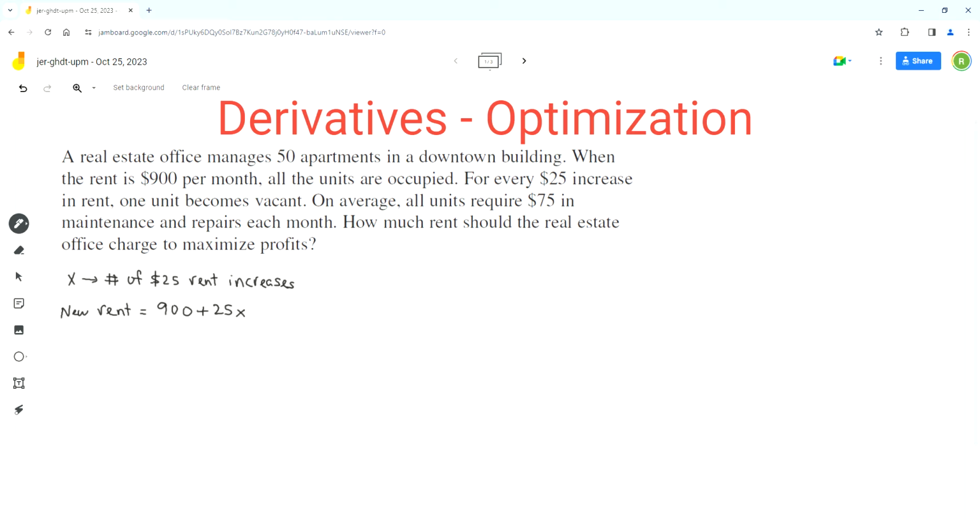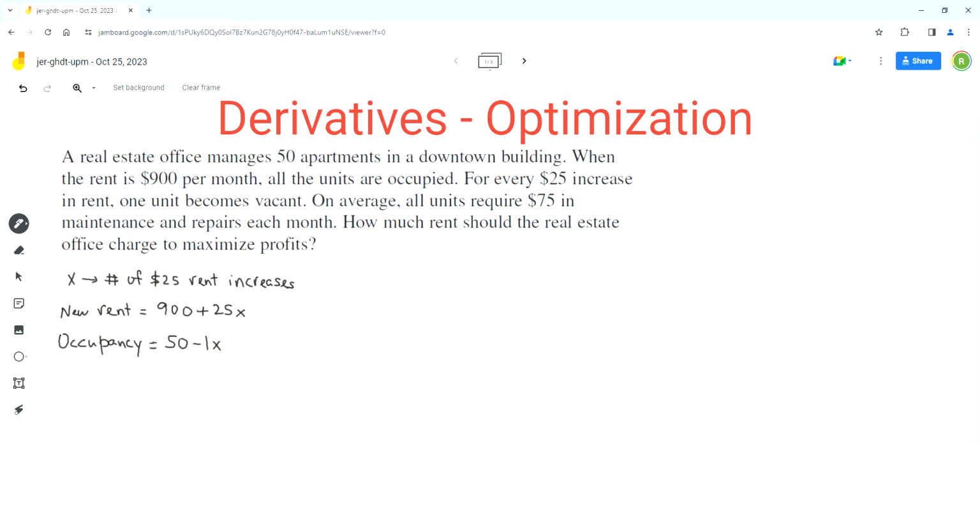Now the occupancy of the apartments will become 50 minus 1x, because as per the problem there are 50 apartments in total and all of them are occupied, and for every $25 increase in rent, one unit becomes vacant.